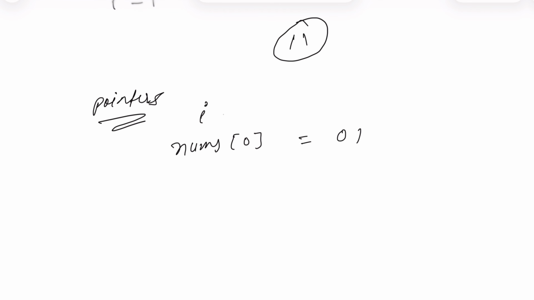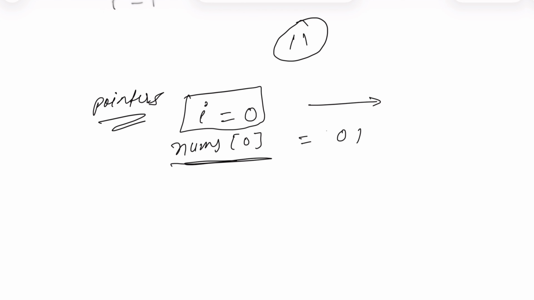Here we've taken a pointer i equal to 0, and the pointer will move across the array like this. So when i equals 0, we get nums at 0, which is 0 1.